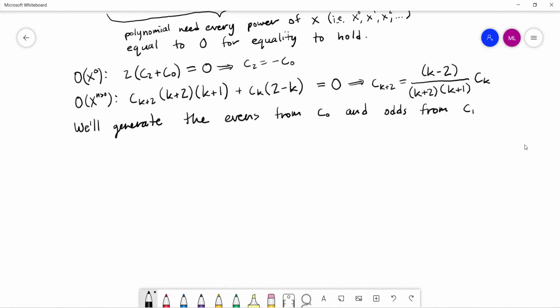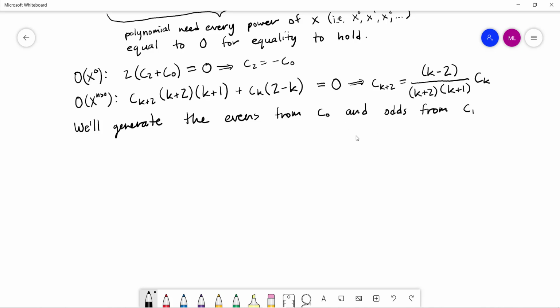Again, remember, you can think of C0 and C1 as our constants of integration. Ultimately, at the end of the day, they will determine what the other coefficients look like based on whatever the initial conditions are for this equation.